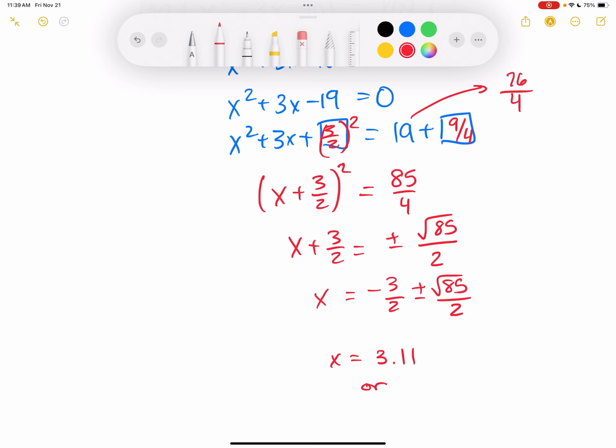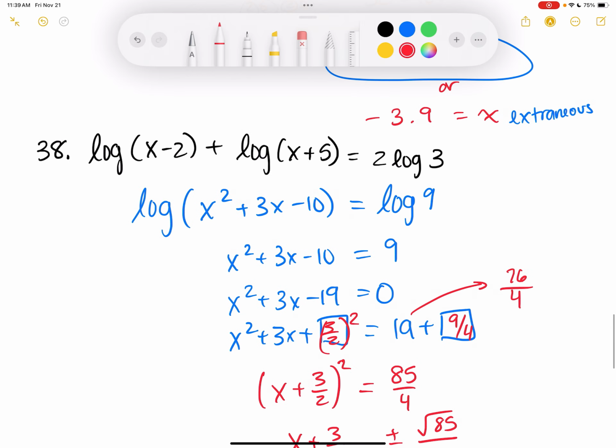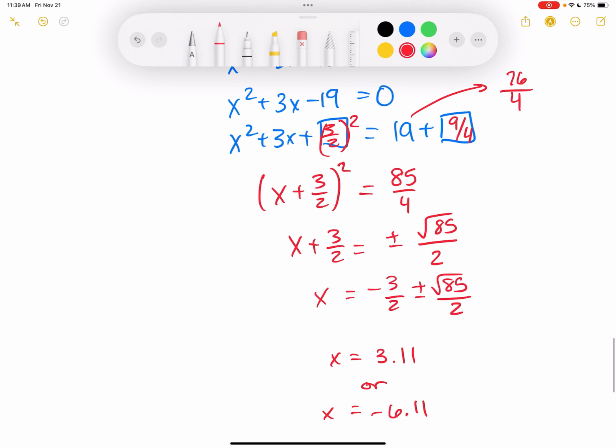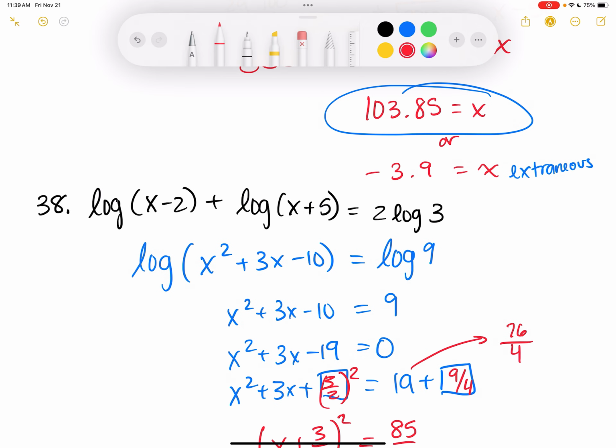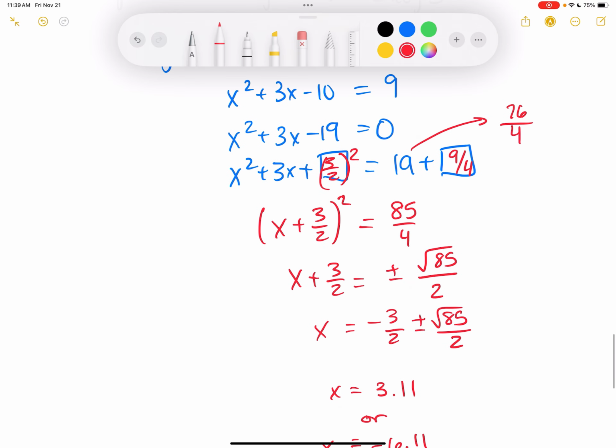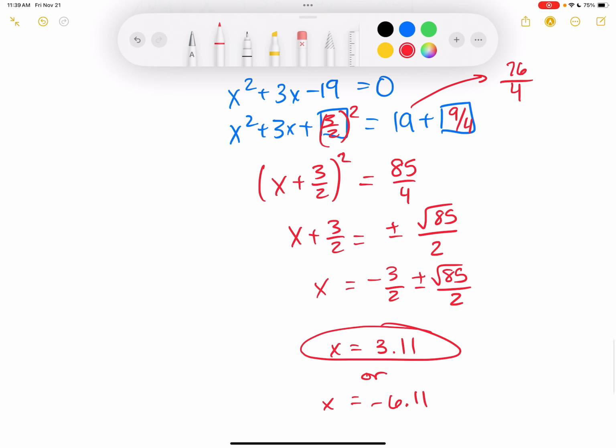The negative 1 does not work. What did you get when you did the negative 1? I did the positive 1. Negative 6.11. So that means if I plug in that negative 1, that's going to be a problem in both of them. But to check the positive 1, 3.11, minus 2, that's good. Plus 5, that's good. So the only one that actually works is 3.11.